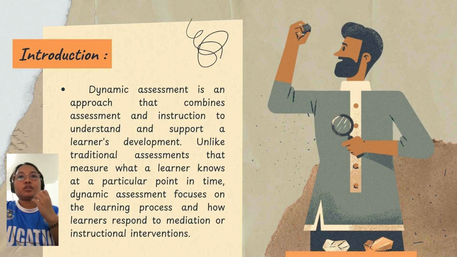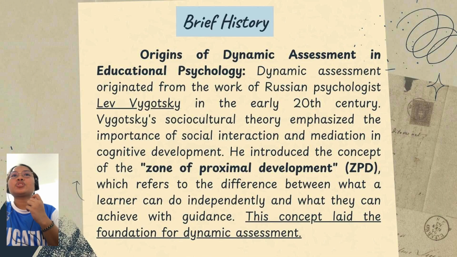So we are on the brief history. So, origins of dynamic assessment in educational psychology. Dynamic assessment originated from the work of the Russian psychologist Lev Vygotsky in the early 20th century.